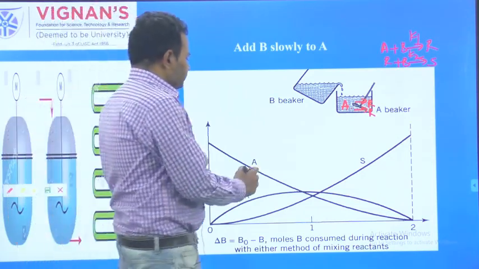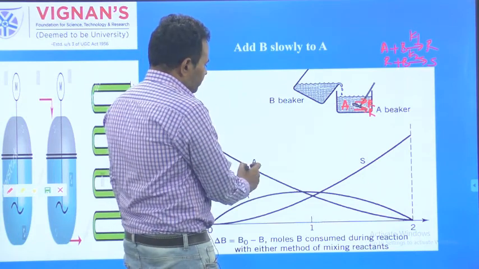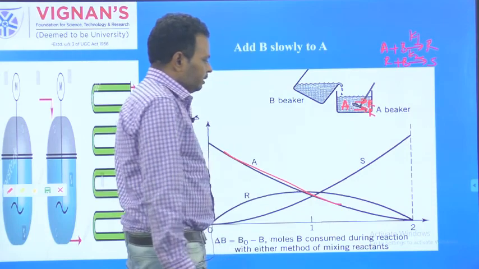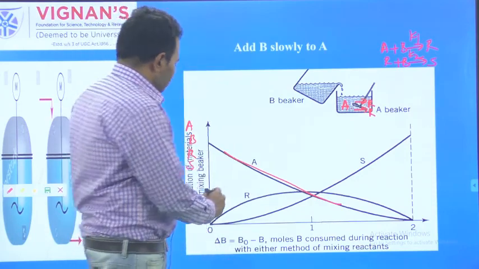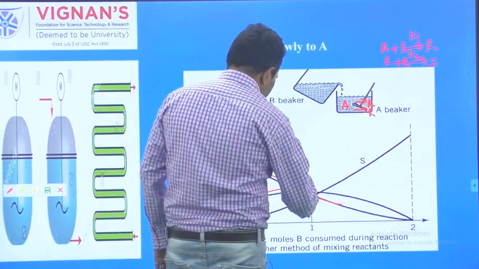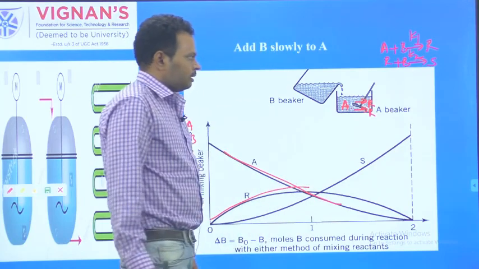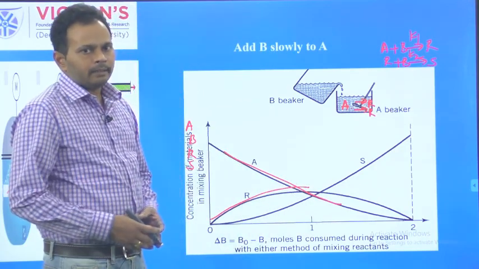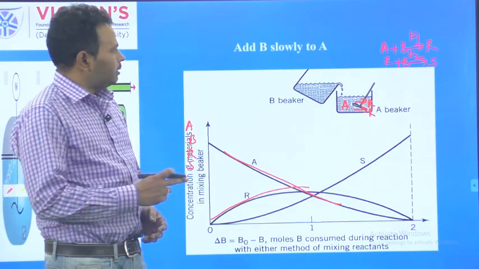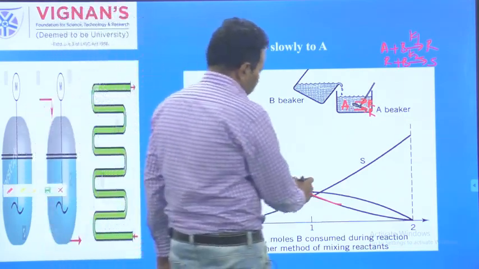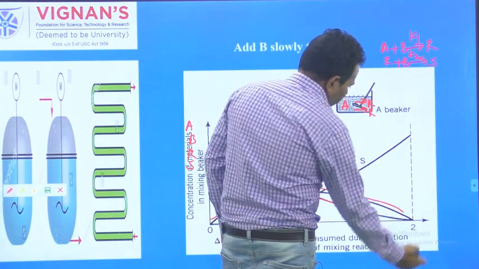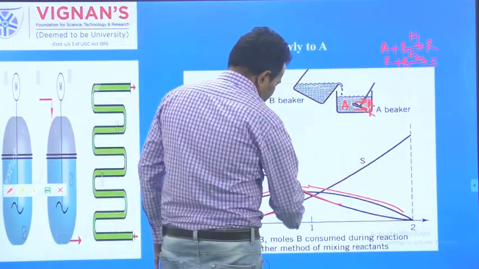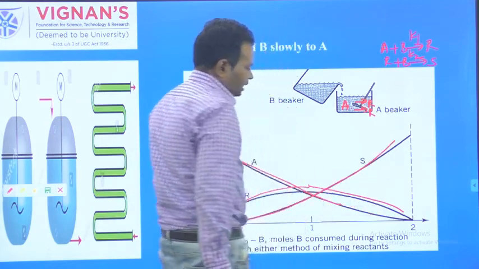From this time onwards, immediately the concentration of A is decreasing within the beaker, and the concentration of R first increases while the concentration of A is greater than the concentration of R. Once the concentration of R is greater than the concentration of A, B reacts with R and produces S. From that point onwards, the concentration of R decreases and the concentration of S slowly increases within the beaker.